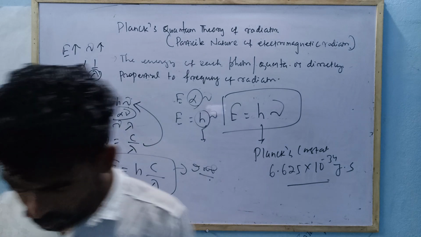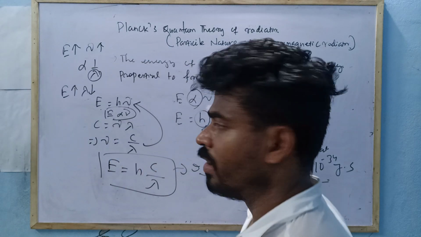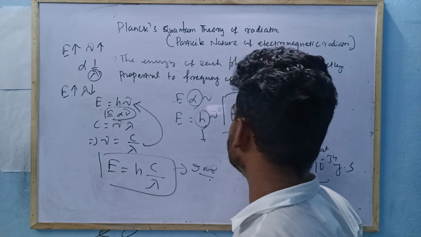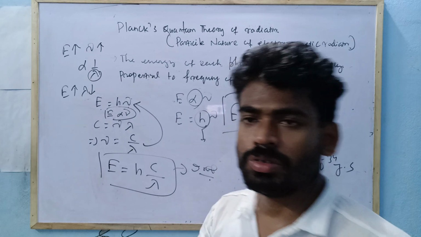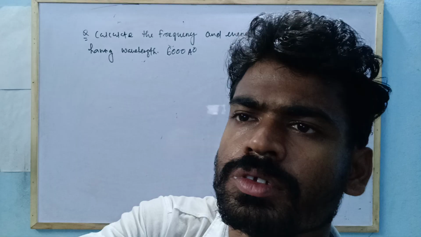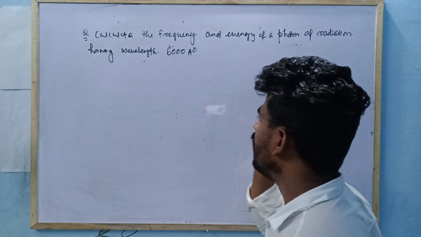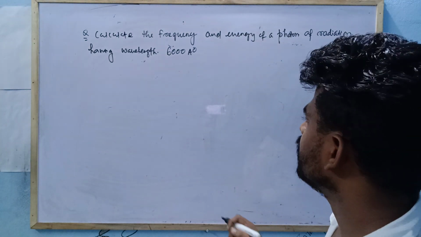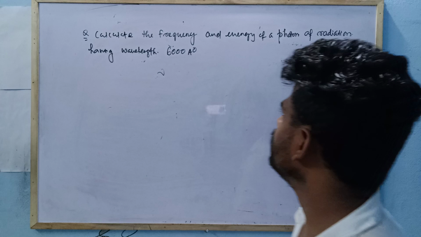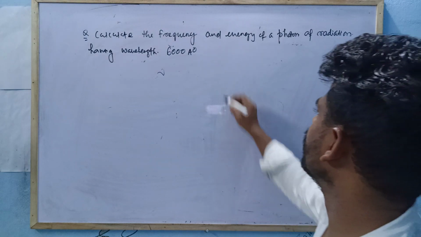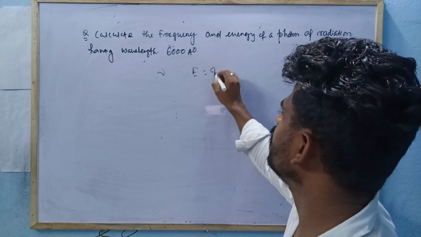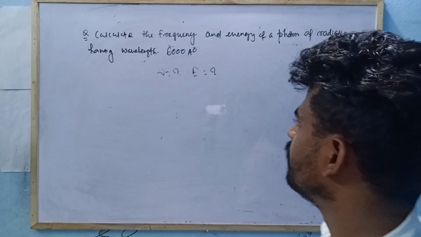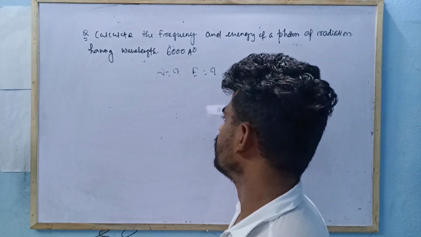Now we will do a few numericals on this formula. Calculate the frequency, that means you have to calculate nu, and the energy of a photon of radiation having wavelength 6000 angstrom. Very easy.